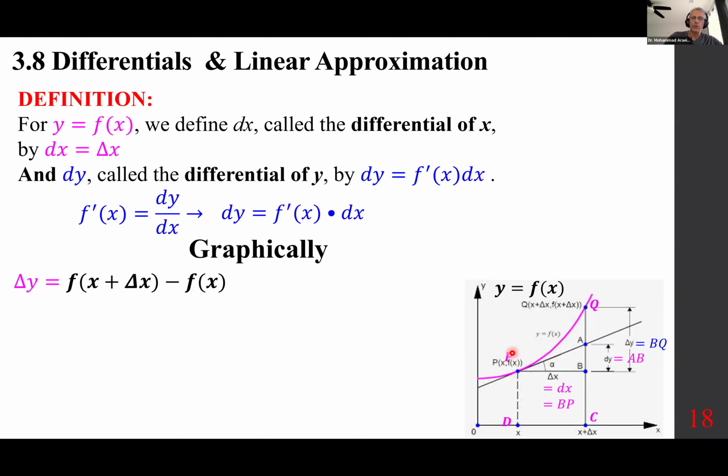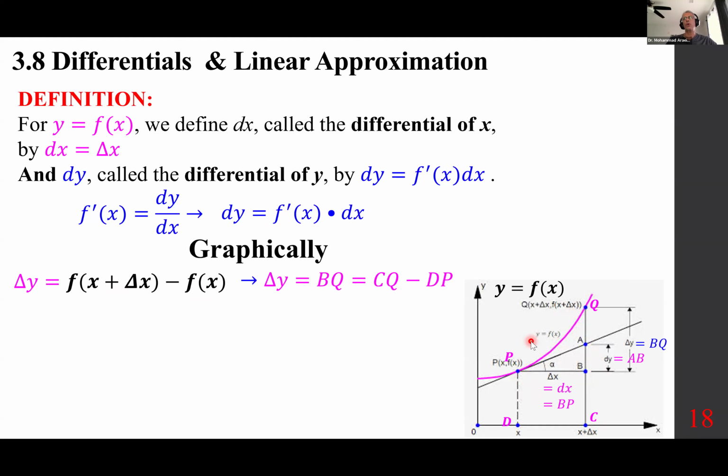In other words, as we go from point P to point Q, if you draw a line, the rise along the curve, this distance, is delta y, which is equal to this distance BQ, and BQ is CQ minus BC, which is the same as PD. In other words, f of x plus delta x minus f of x.